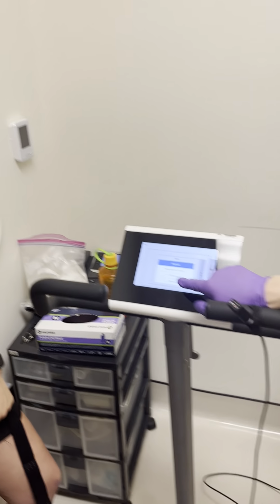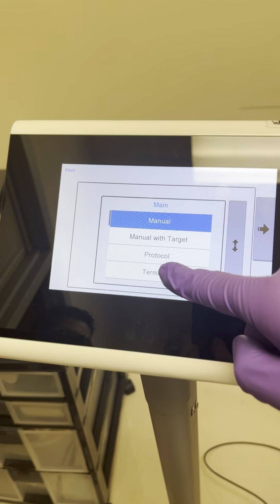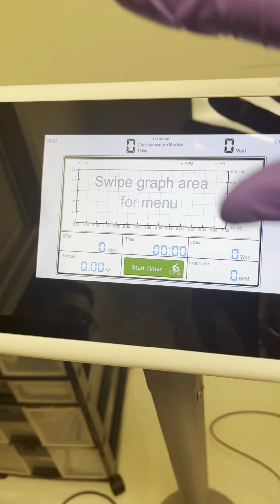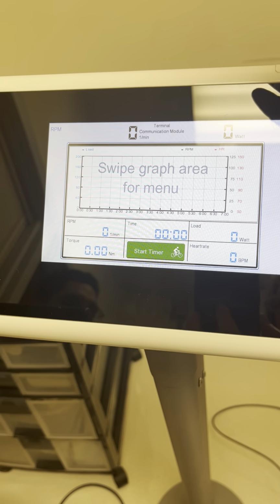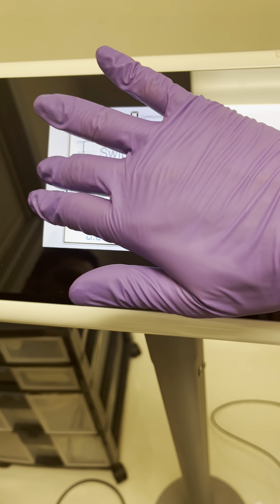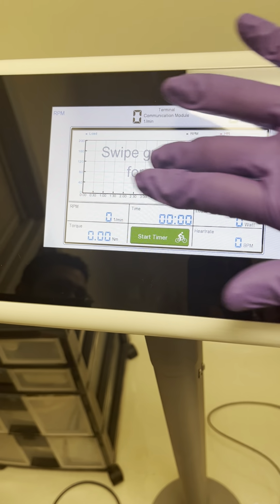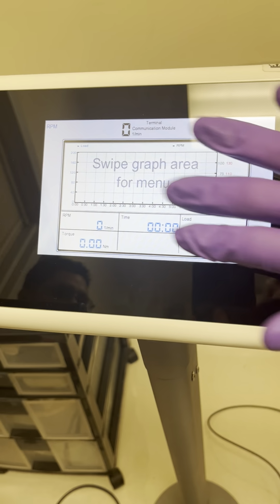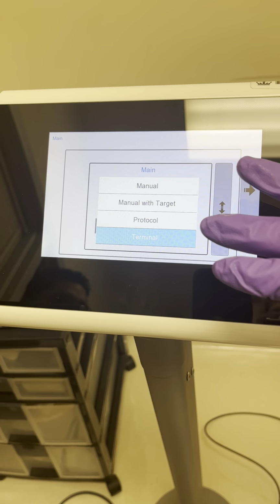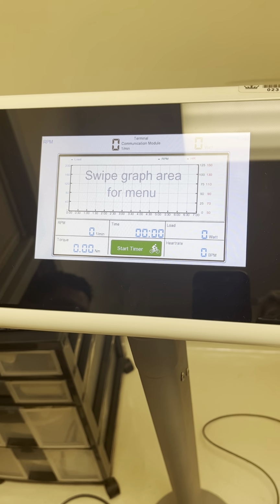You have to make sure, and you can lean in, that terminal is selected. And then you'll see this graph. If when you turn it on, it automatically goes to this graph, just swipe. When you swipe, it'll give you the menu, and just make sure that terminal is selected. If you don't select terminal, it won't connect.